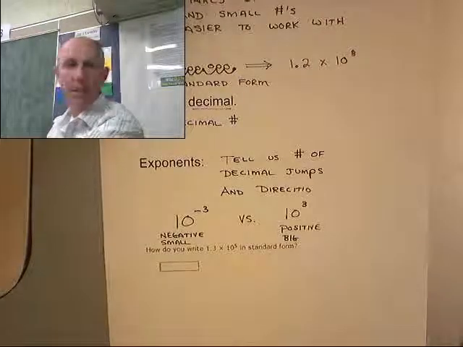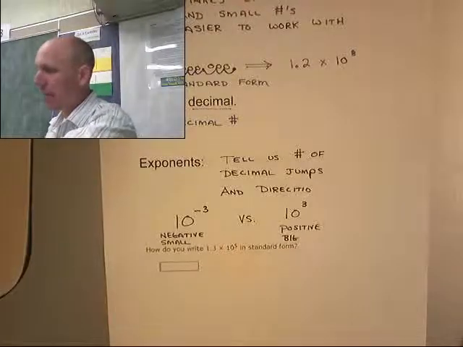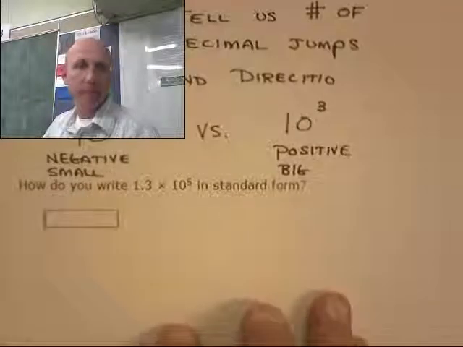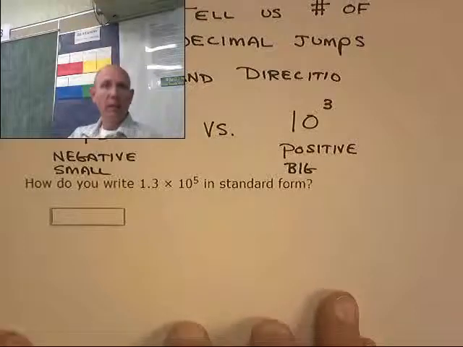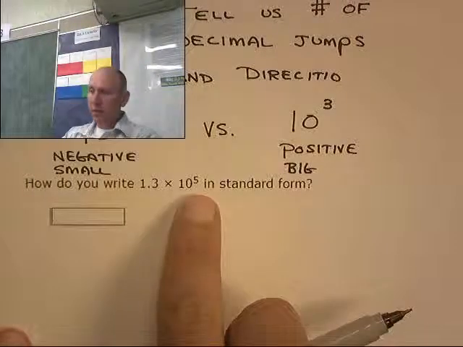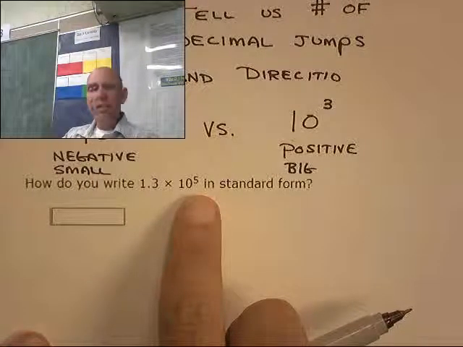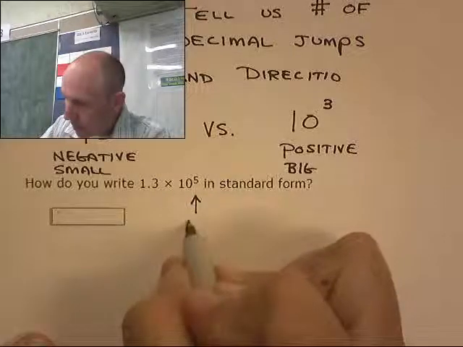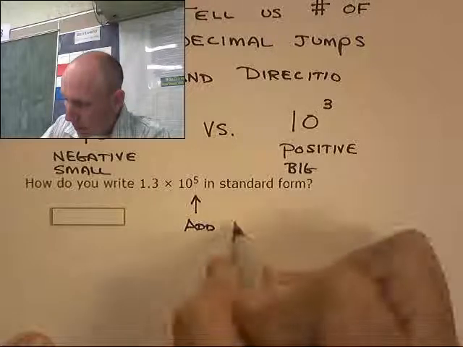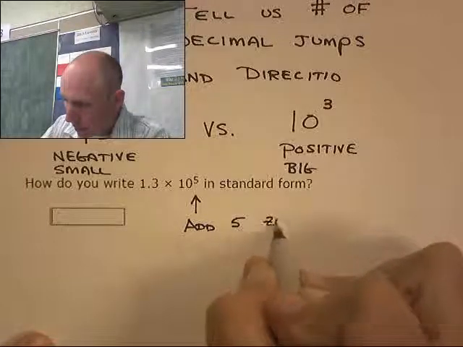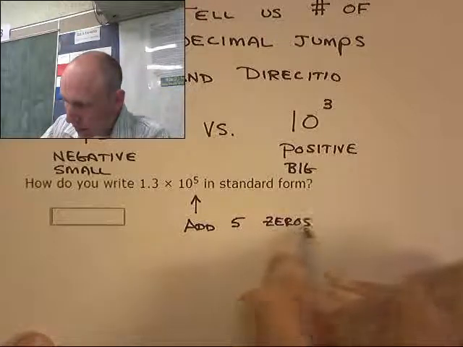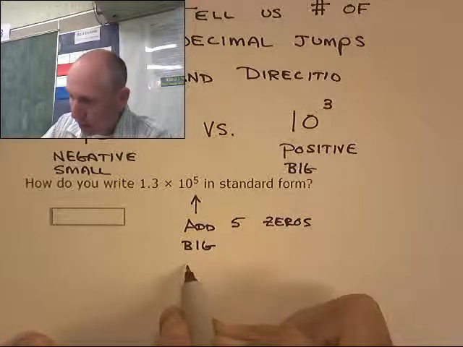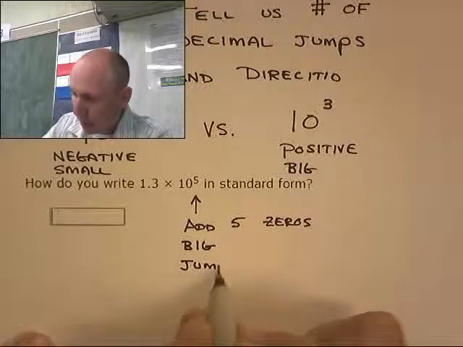So I'm going to show you how this guy works, and it's kind of an eclectic mix of problems here. See that 5? That means I need to do 5 jumps. I'm going to add 5 zeros. It's a big number, and I'm going to jump 5 times.